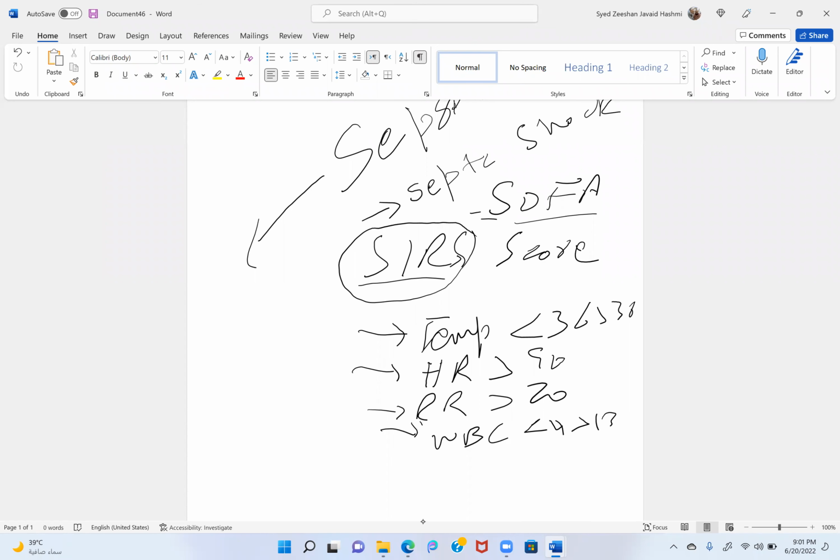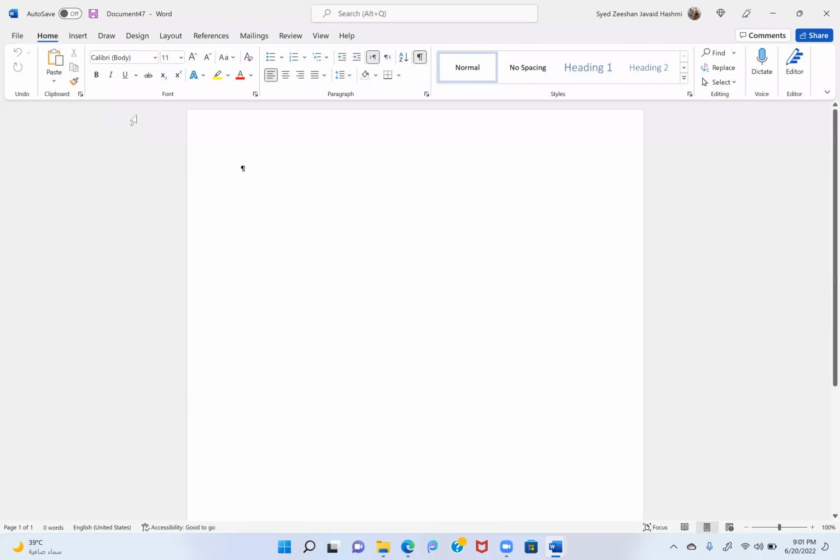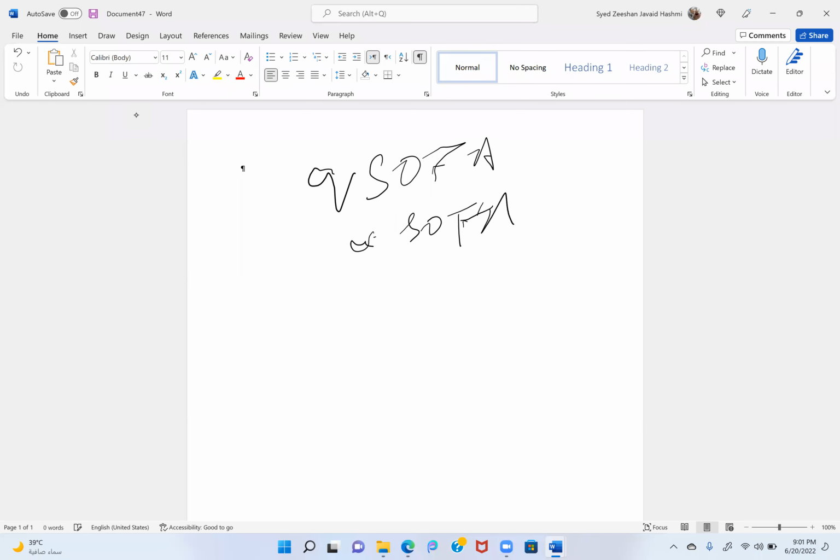The things which are failing are what you will do if you have a suspected case, you see that there is something going towards sepsis. What was the difference between qSOFA and SOFA? SOFA was needing some investigations, so they put qSOFA just to avoid delay in diagnosis.